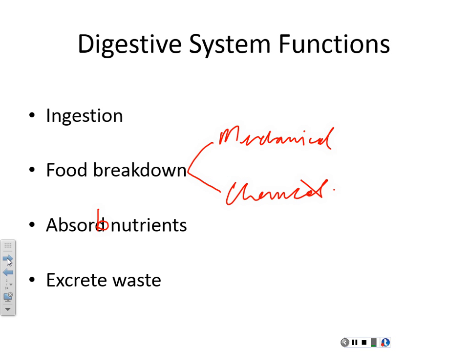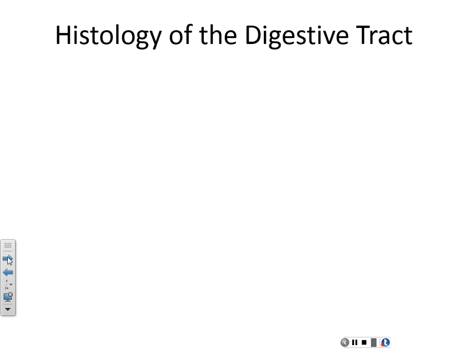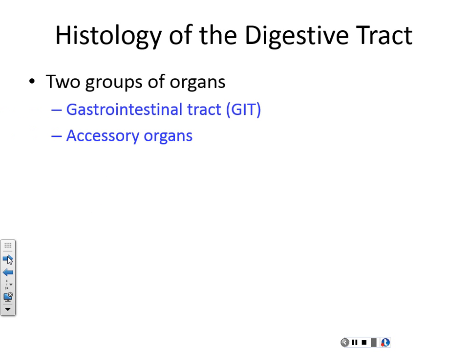You've got to know the functions, the accessory structures, and the structures involved in the system. We also have to know the structure of the system, 2 groups of course. The GIT is what lends itself to that kind of matching question, because we start in the mouth, go through the pharynx and then the esophagus and the stomach.